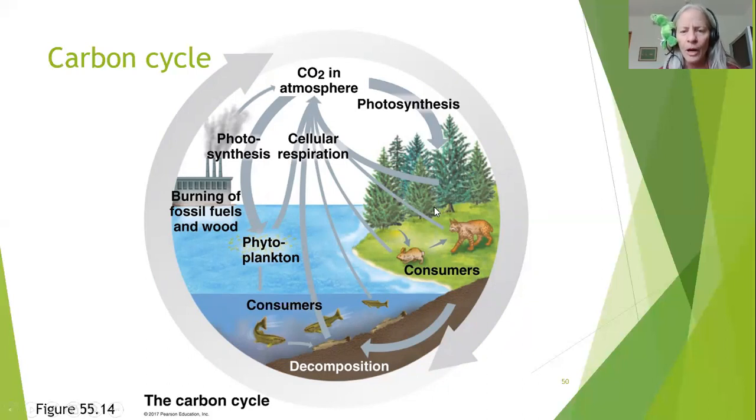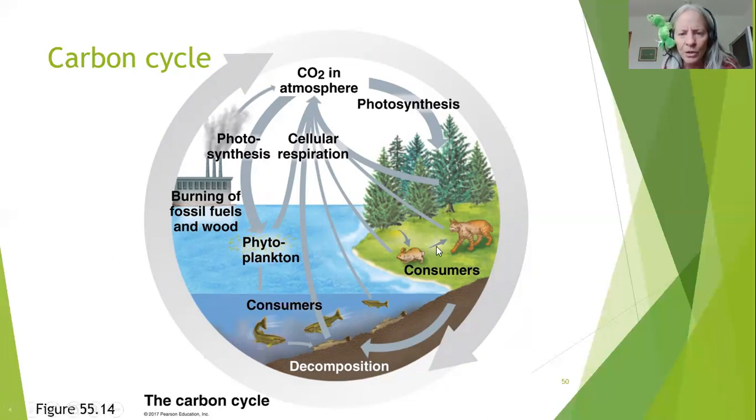Then animals get their carbon by eating either plants or eating other animals. And so the form of carbon that is available to animals would be organic compounds like carbohydrates, proteins, lipids. That would be the form of stored carbon that is going to be passed on through the food chain.